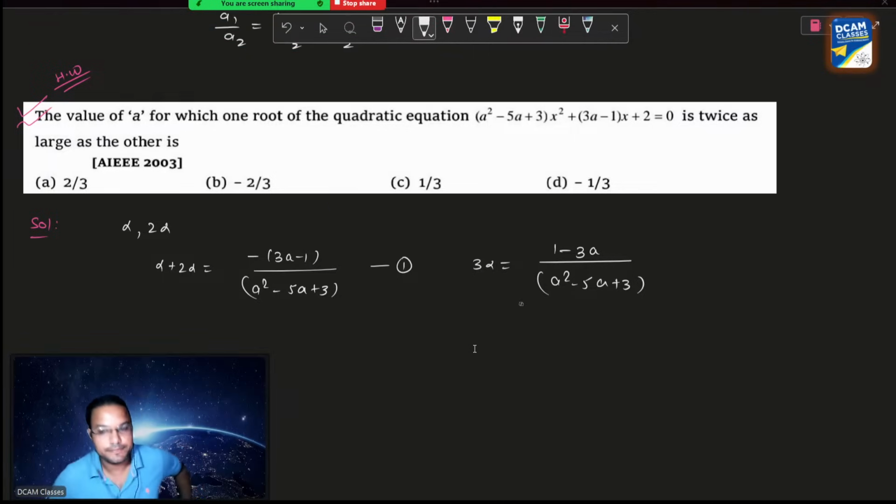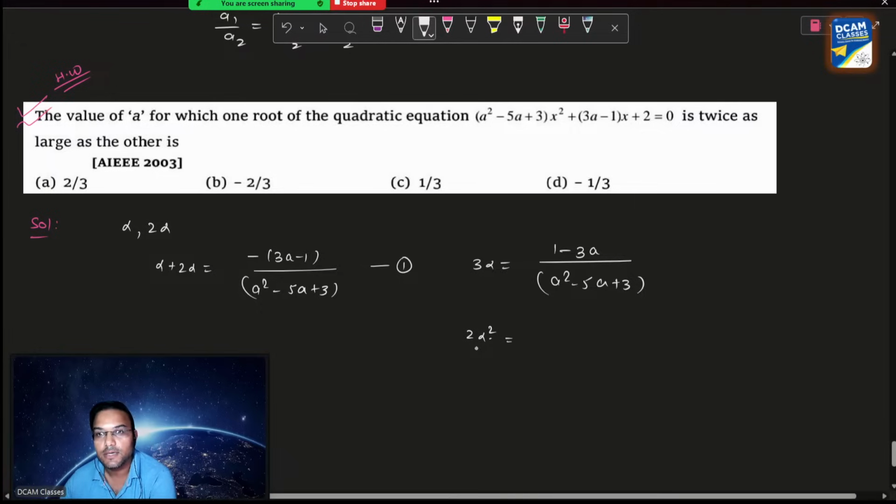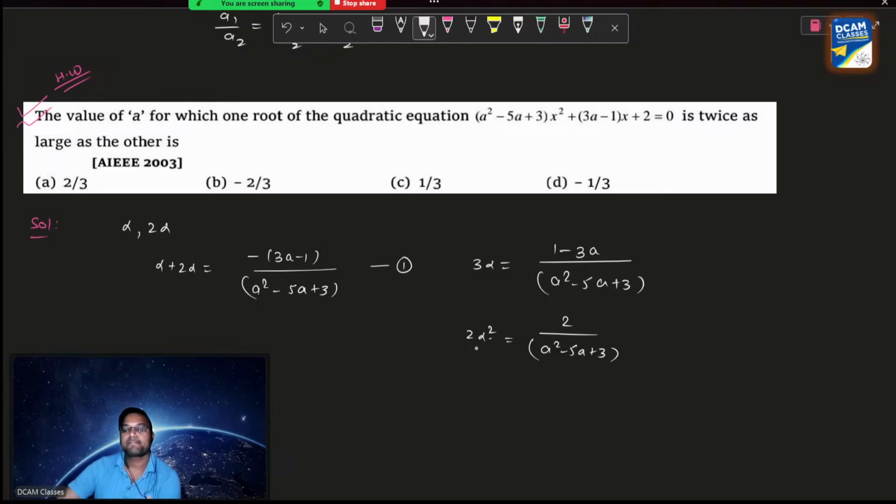The first thing. Now the second part is, if you multiply them both, you'll get 2 alpha into alpha, means 2 alpha square, will be equal to 2 by (a square minus 5a plus 3). The alpha value you have is this. Put it here. So I can write, 2 alpha will get cancelled.